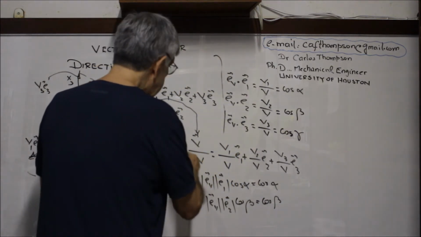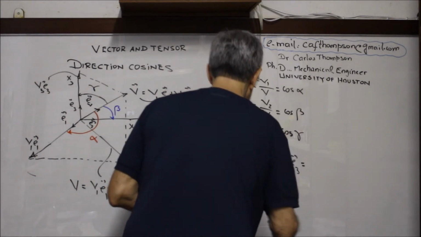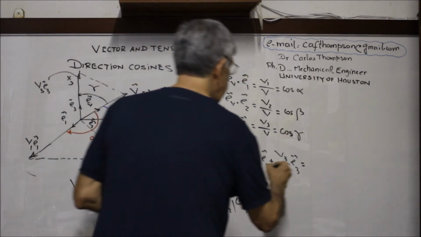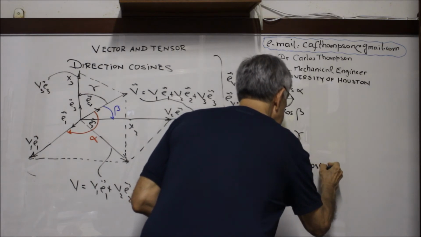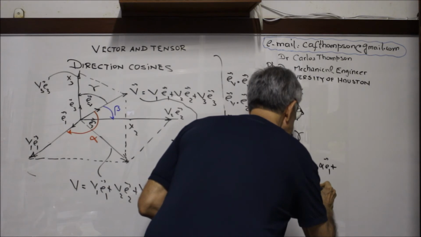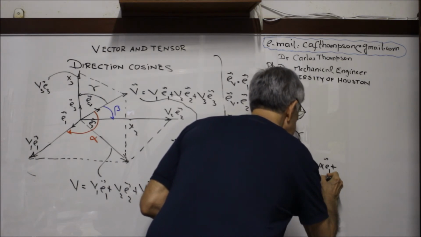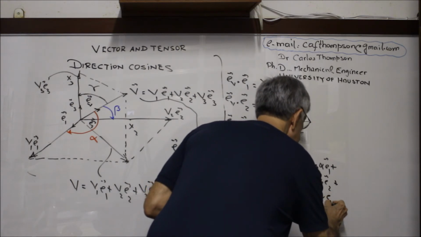Now I can substitute: EV is cosine of alpha E1 plus cosine of beta E2 plus cosine of gamma E3.